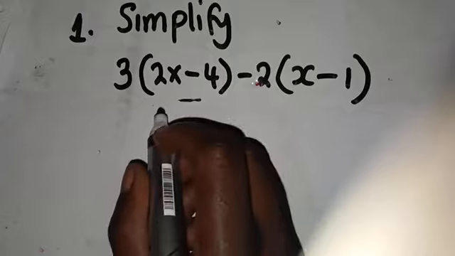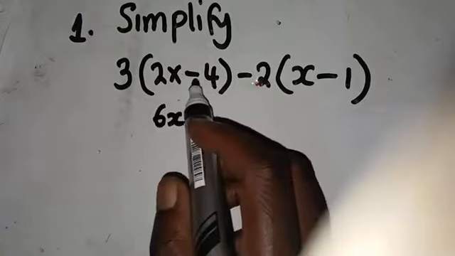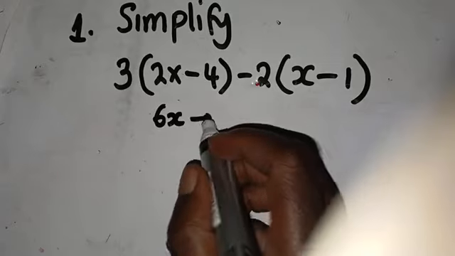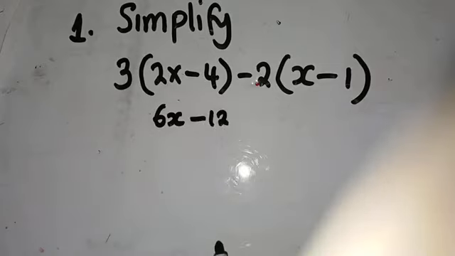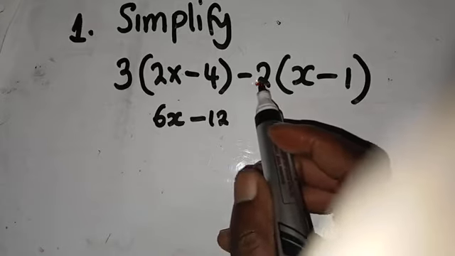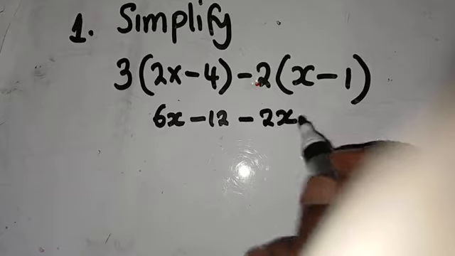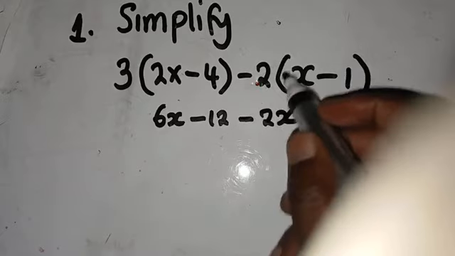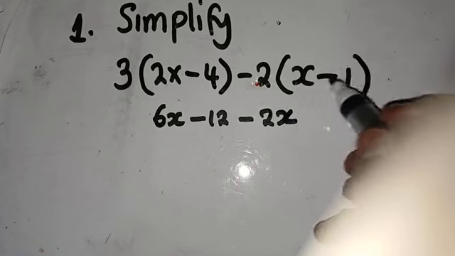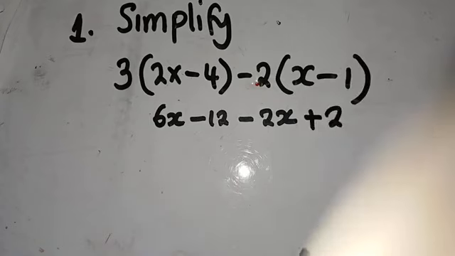This is going to give us 6x. 3 multiplied by 4, that is going to give us a 12. When we come this side now, -2 multiplied by x, this is going to give us -2x. Then -2 multiplied by -1, this is going to be a +2. I hope you're following me, ladies and gentlemen.